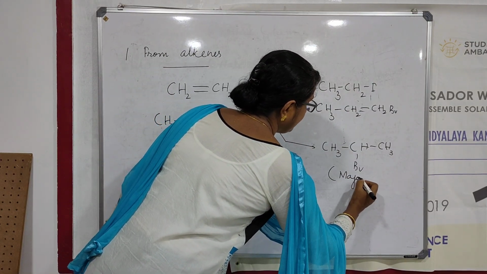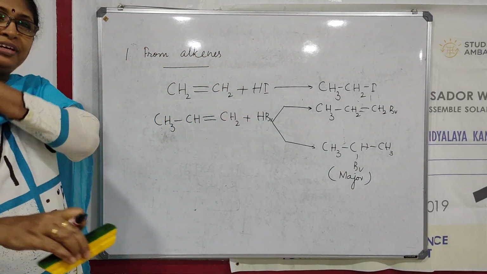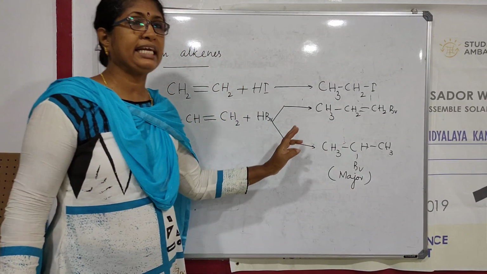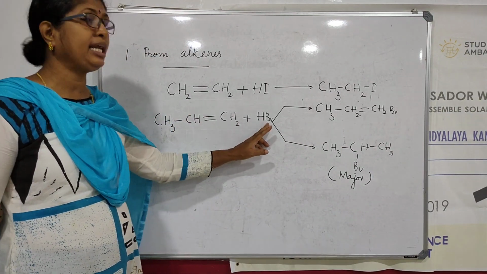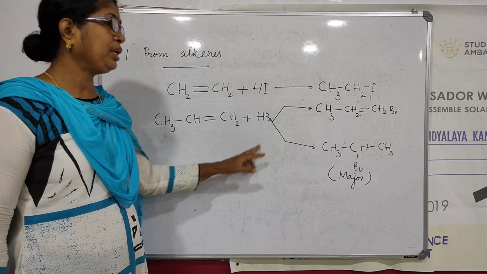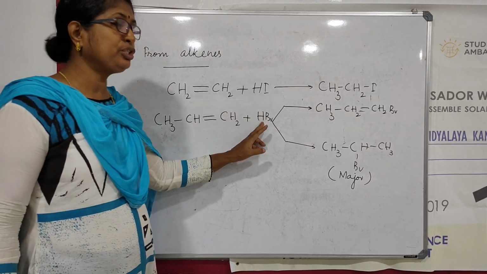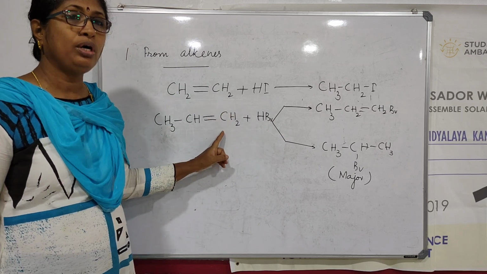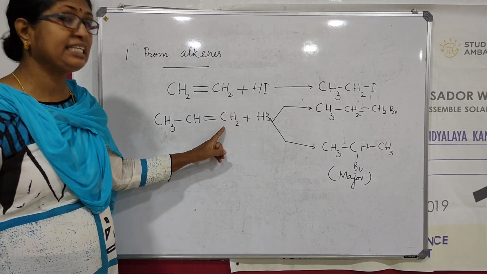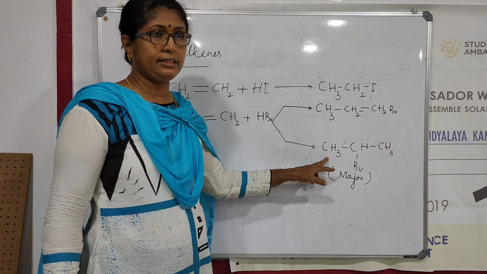Why? The addition takes place according to Markovnikov's rule. According to Markovnikov's rule, the negative part of the addendum, here bromine, goes to the less hydrogenated carbon atom, and the positive part of the addendum goes to the highly hydrogenated carbon atom. So you will get this as the major product.